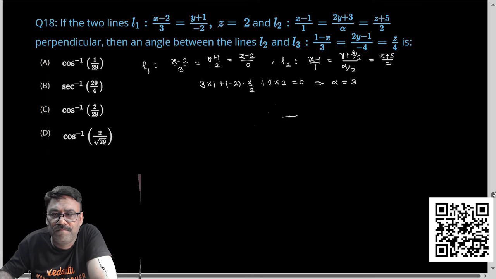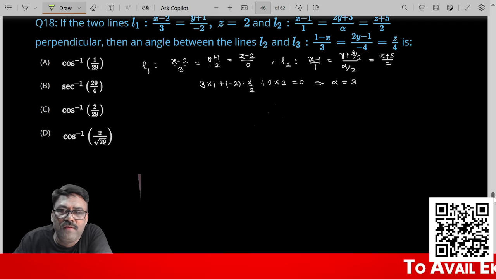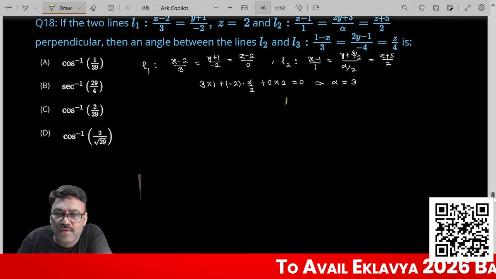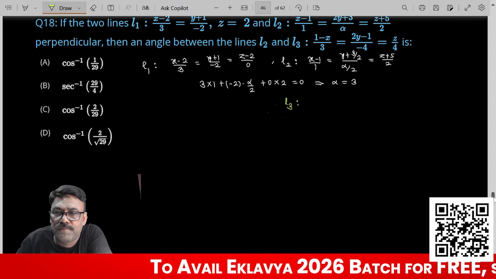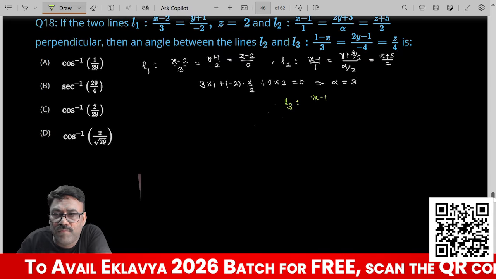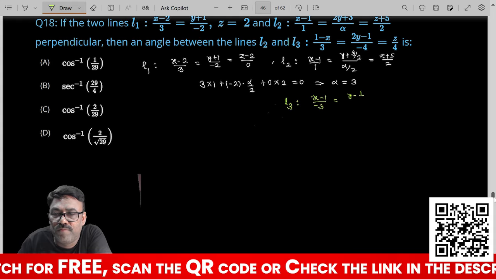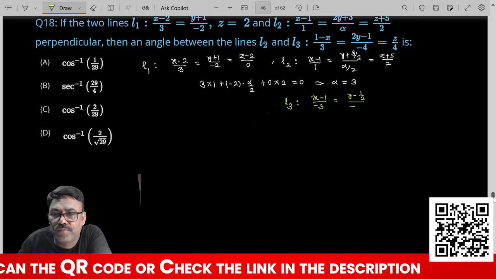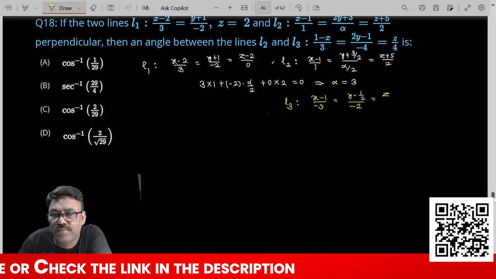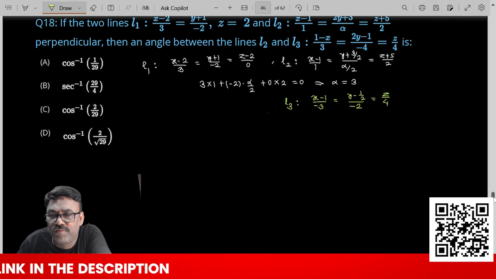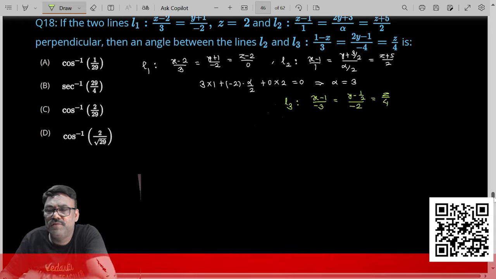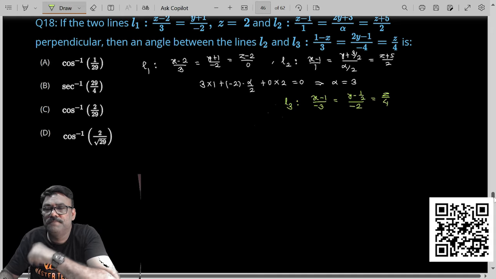I have to rewrite the L3 line. So L3 line will be X minus 1 by minus 3, Y minus half by minus 2, Z by 4. Now you have to find the angle between L2 and L3.